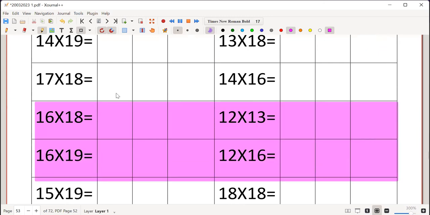Try to give the answer directly, okay? 8, 24, 40, 48, 280, 90, 16, 80, 180, 182.